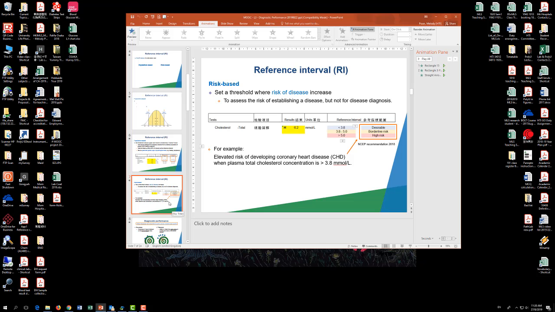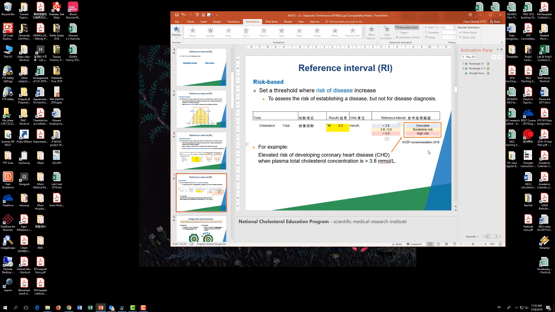Other than population-based reference interval, the threshold of a test can also be set by risk of a disease. So it is used to assess the risk of establishing a disease but not for diagnosis. For example, the total cholesterol can reflect the risk of getting coronary heart disease.